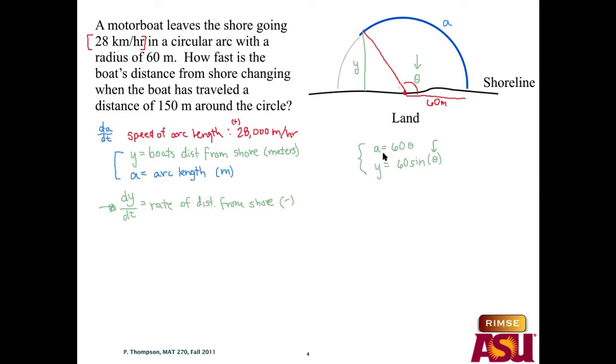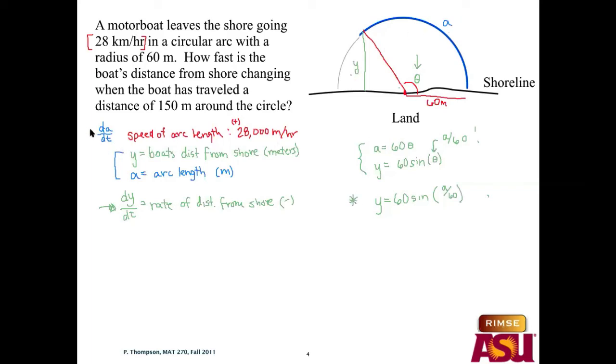I can say theta equals A over 60. So instead of writing Y equals 60 sine of theta, I can write Y equals 60 sine of A over 60. And here we have a relationship that relates Y and A.